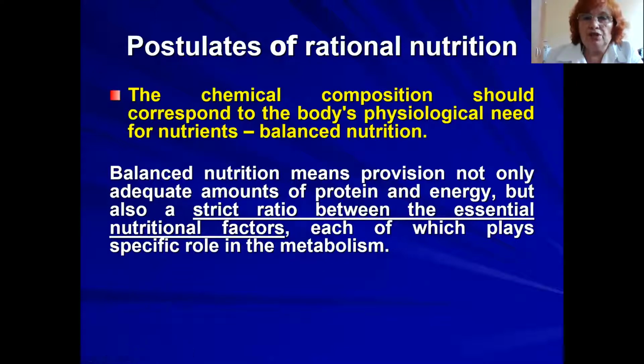Another postulate of rational nutrition is that the chemical composition should correspond to the body's physiological need for nutrients: balanced nutrition.